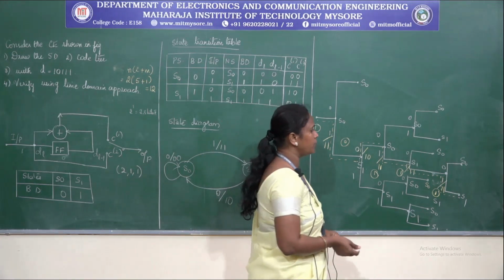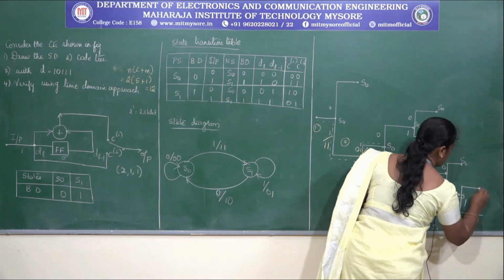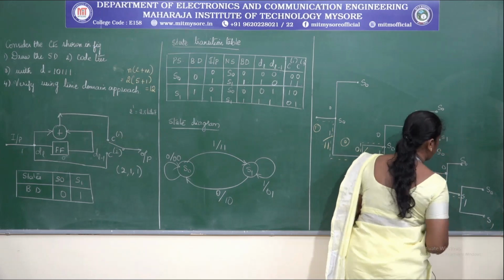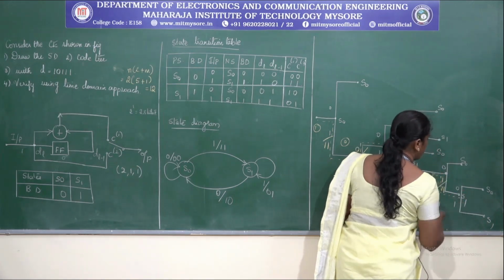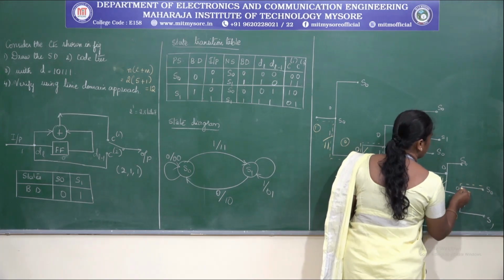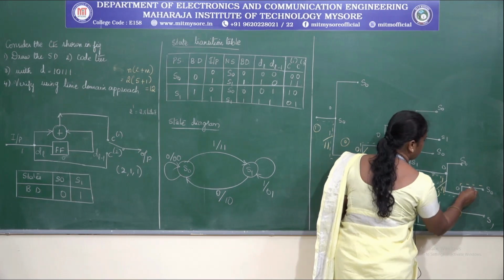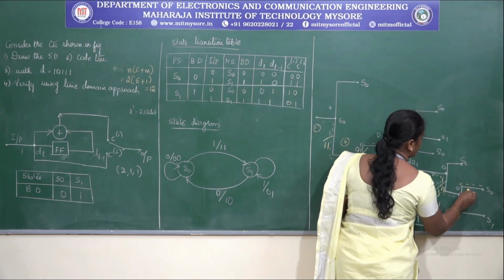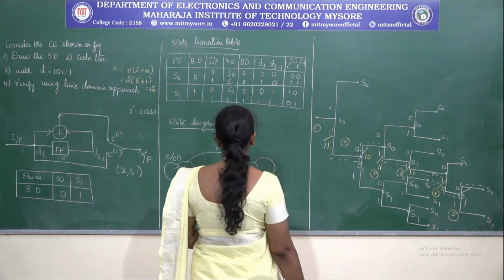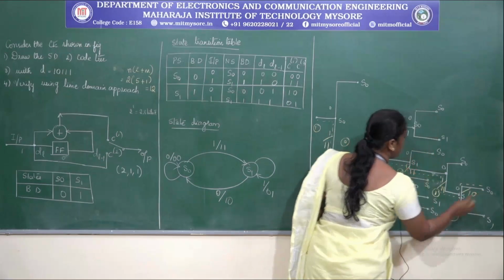Here also we need to extend the tree further. S1 with S0 and S1: this is for input 0 and this is for input 1. We are appending zeros further. So this is for appending 0. What is its output? S1 with input 0, the output is 1, 0.